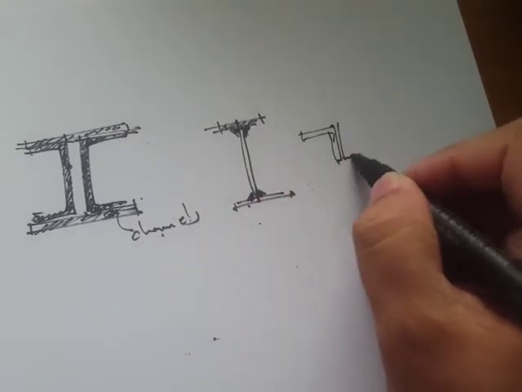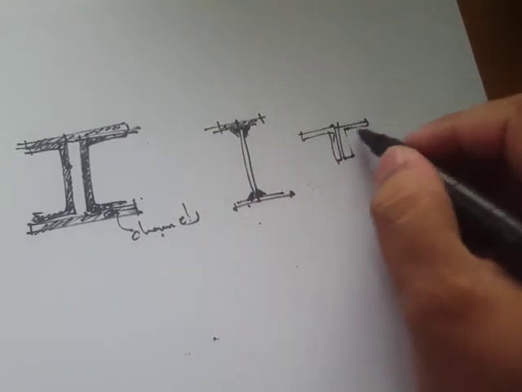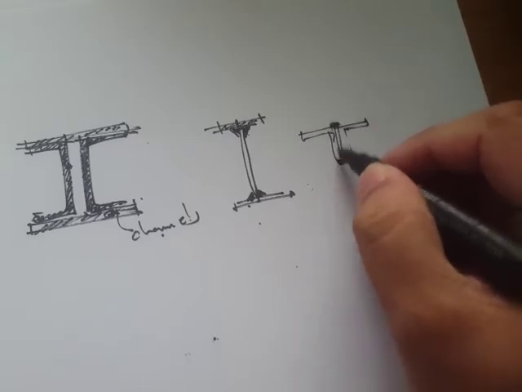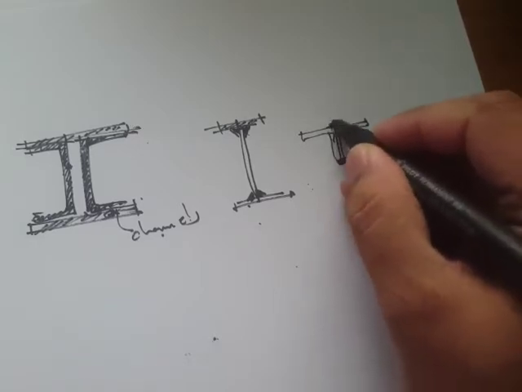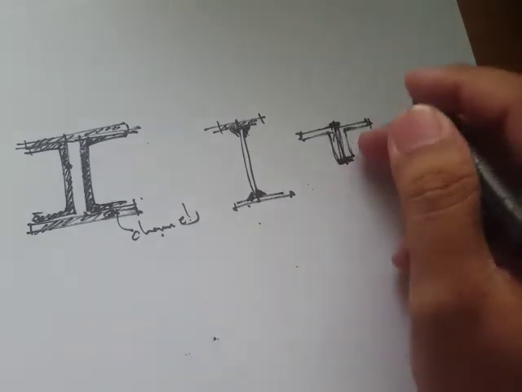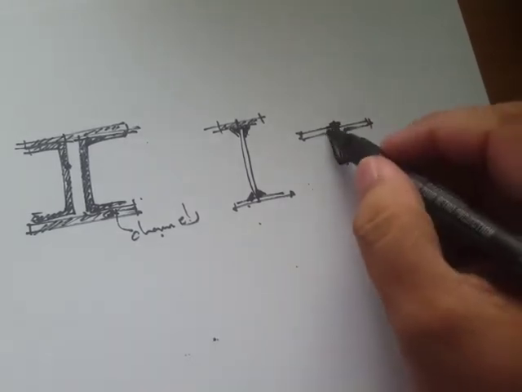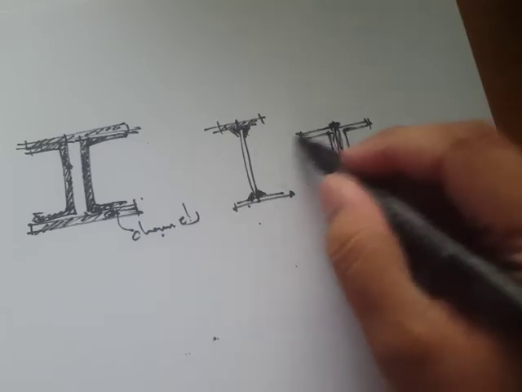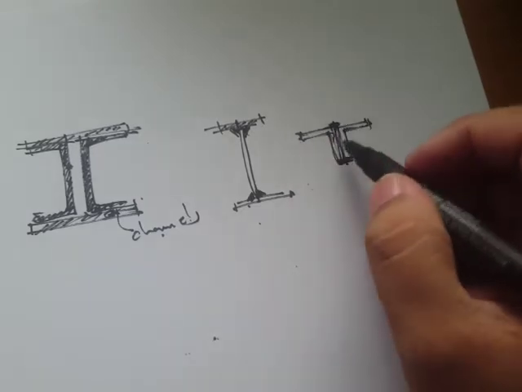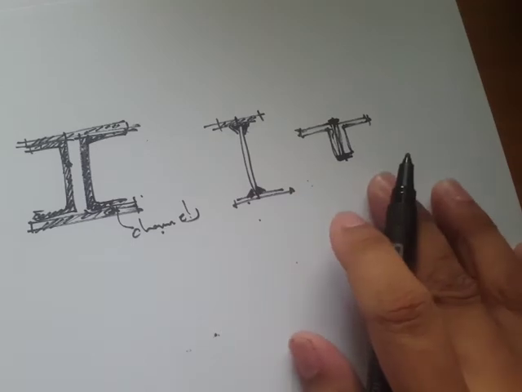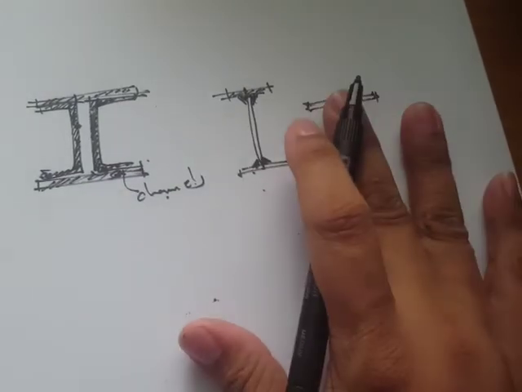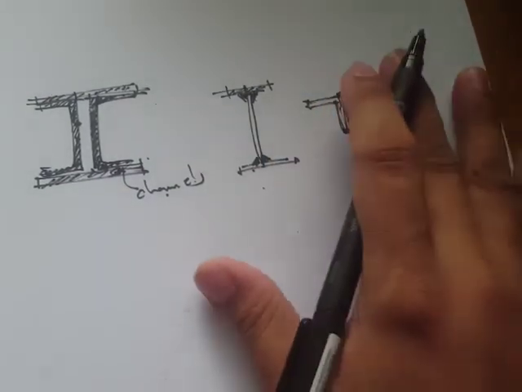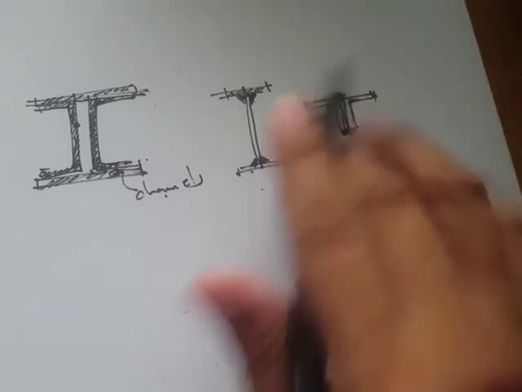Other ones, for example, are double angles. Let's say you're welding them somewhere. This is commonly found in roof trusses wherein you need an increased capacity, but the strength of the individual L-shaped steel is not enough. Okay, so that's the built-up shapes.